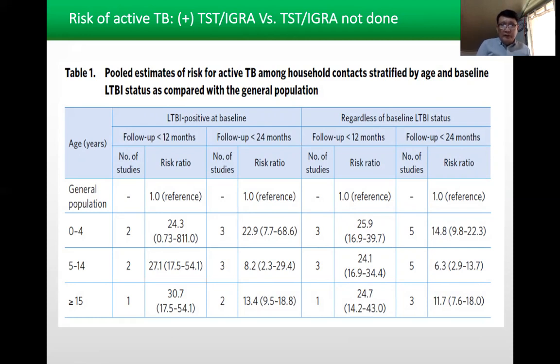And we know that when the child grows from 5 to 14 years old, the risk is much smaller as compared to the risk under or below 5 years old. And the risk of developing active disease will just rise when the child reaches adulthood, okay?